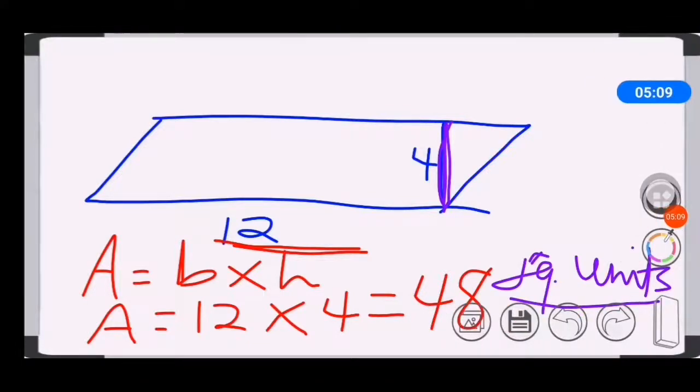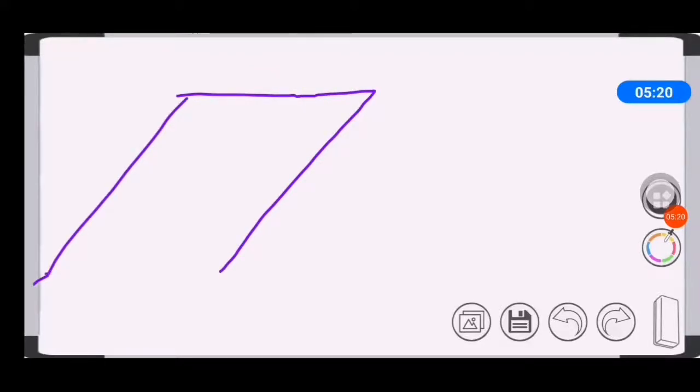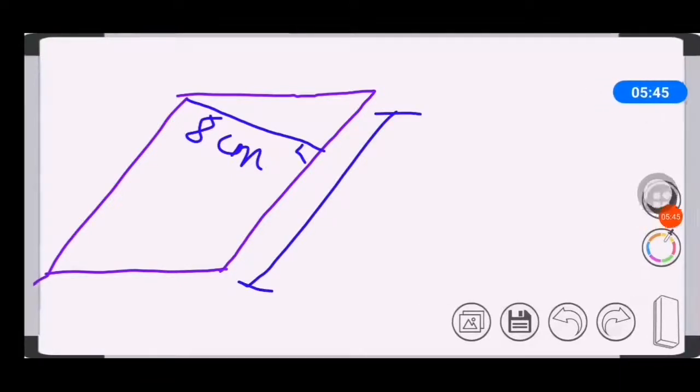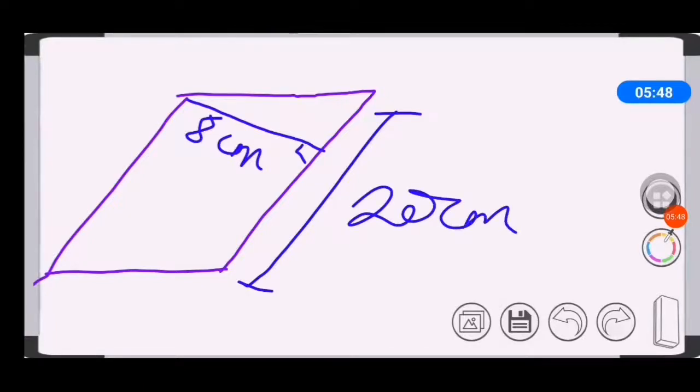Let's try another example, finding the area of this parallelogram. Remember, the height should be vertical, forming an angle of 90 degrees. Let's say the height is 8 centimeters and the base is 20 centimeters.